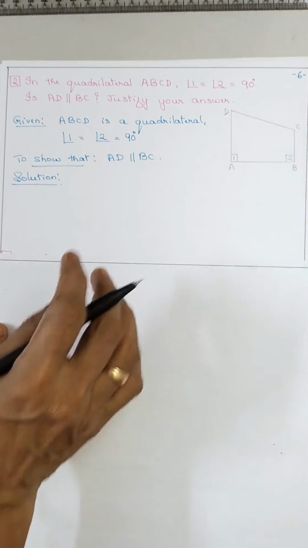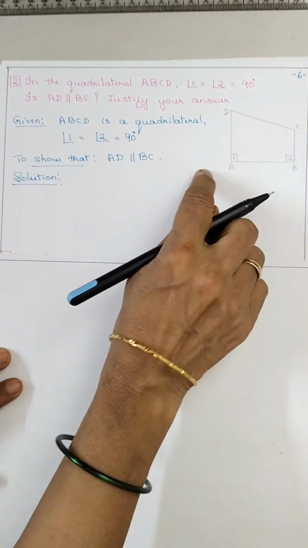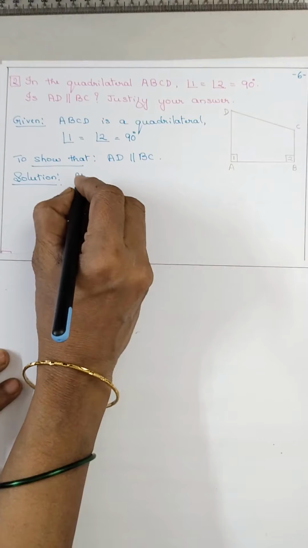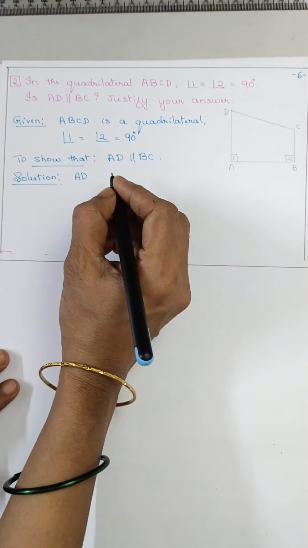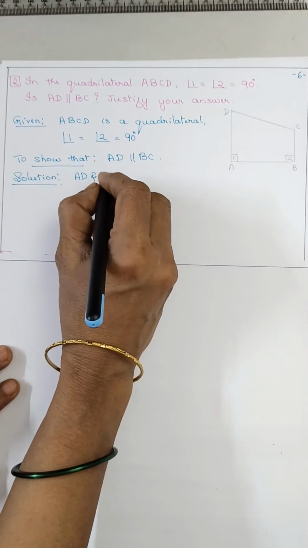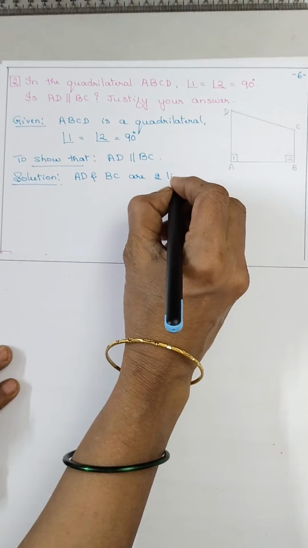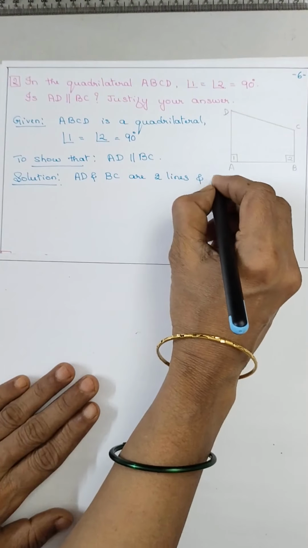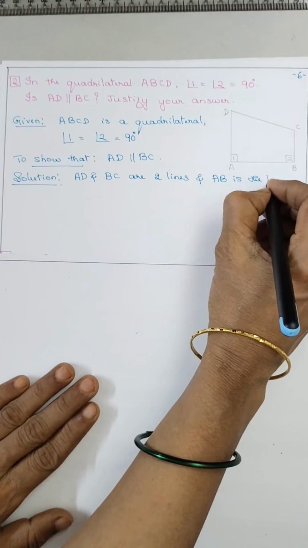AD and BC are two lines and AB is the transversal. Any two lines, first you have to think like that, and AB is the transversal.